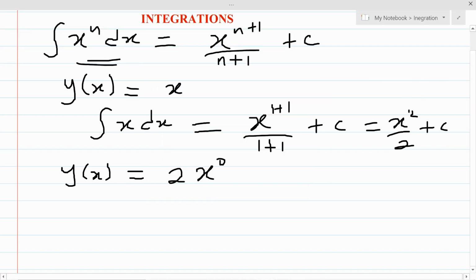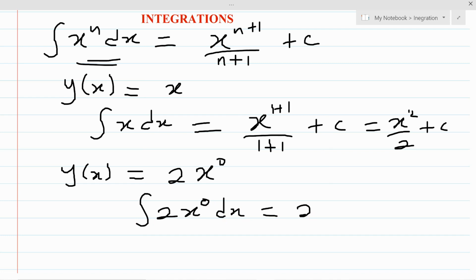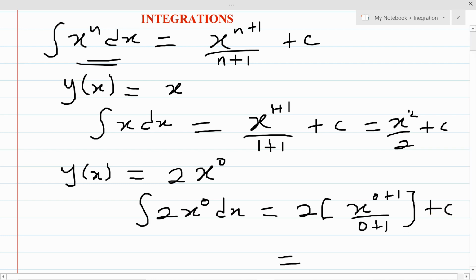Alright, so looking at this, the integral of y of x, where y of x equals 2, which is the same as 2x to the power 0, then the integral of 2x to the power 0 dx will give us, factoring the constant out, 2 times x to the power 0 plus 1 over 0 plus 1, okay, plus c. Now this is equal to what? x to the power 0 plus 1 is x to the power 1, over 1, is the same as x to the power 1.